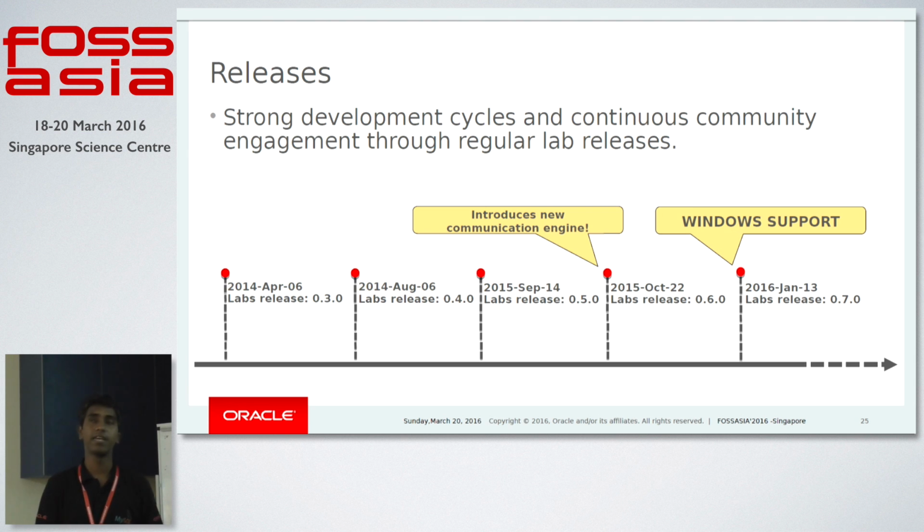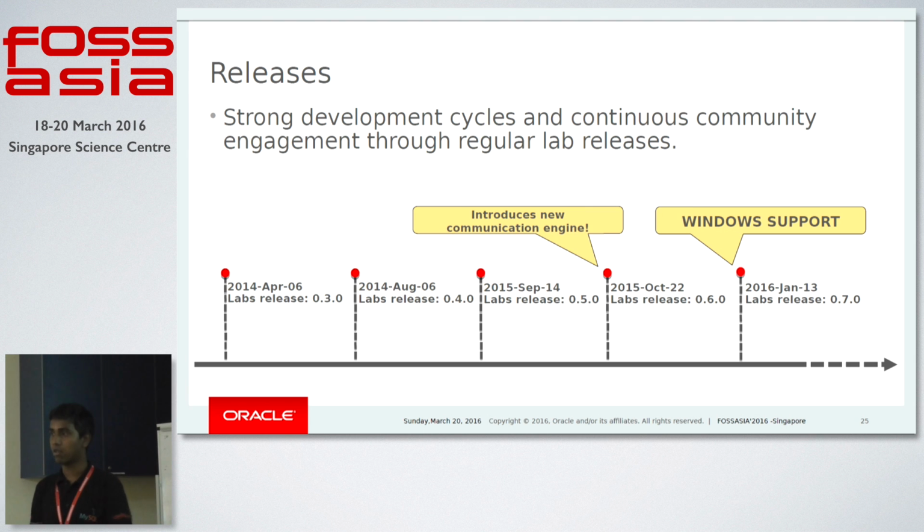The benefit of it is that it is platform independent now. Corosync had a limitation of Linux and Oracle Enterprise Linux, so that was the limitation. It was not multi-platform. XCom is. There were a few issues with Windows, which were fixed in the next lab release, which was 0.7.